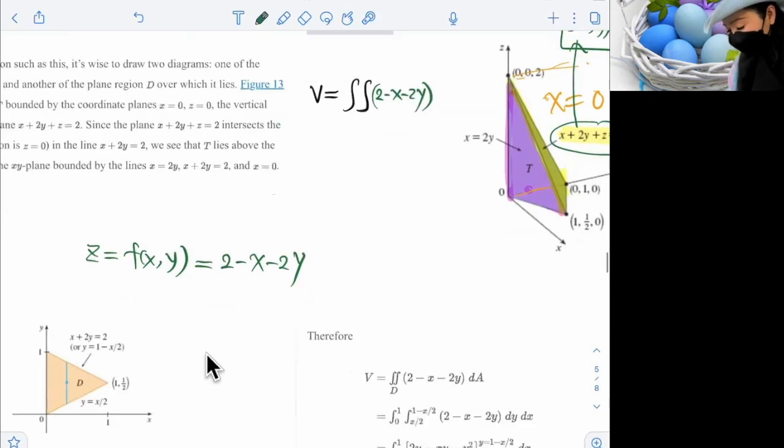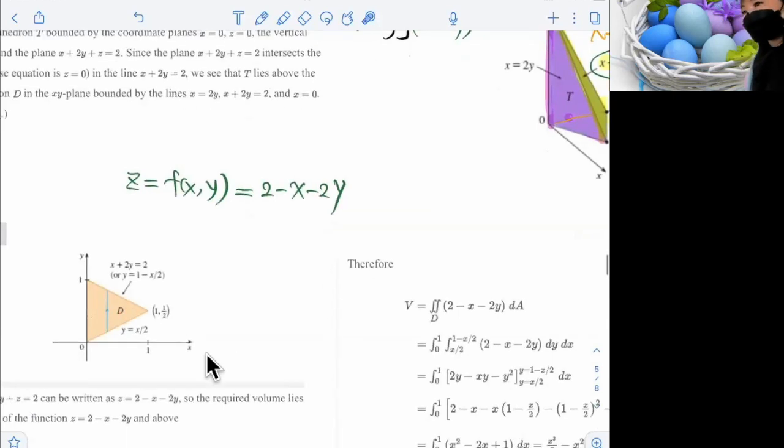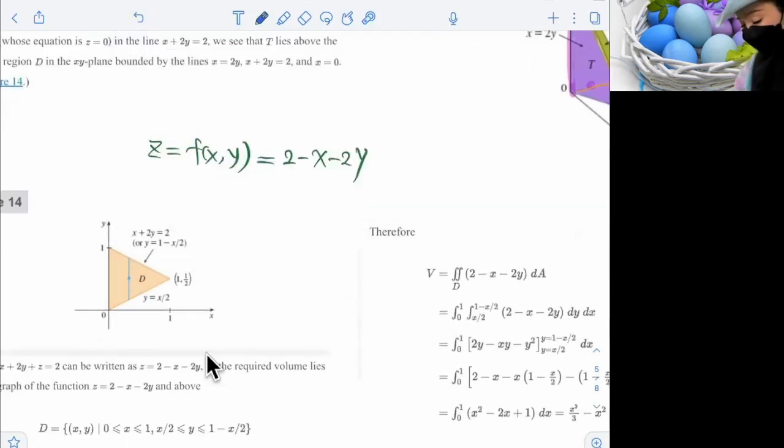Looking at this region over here, should we integrate with respect to x first or y first? What kind of region is this? Type 1 or type 2? Type 1, yes, you got it. So y goes from this to this, right? So this is the type 1 region.